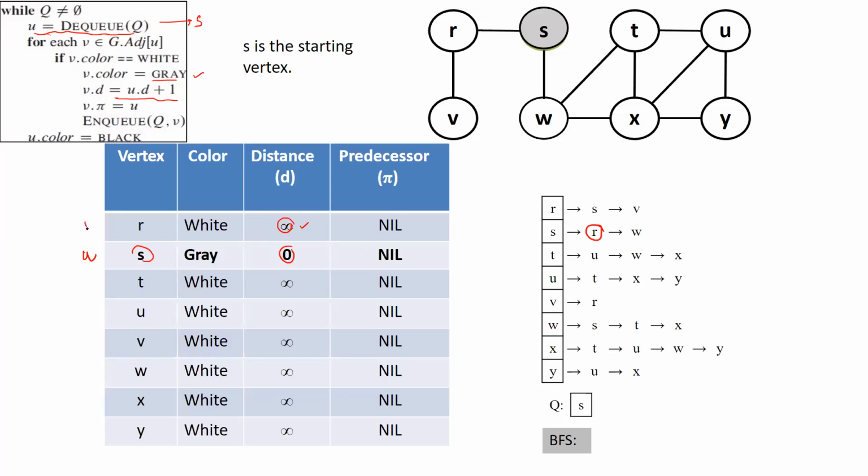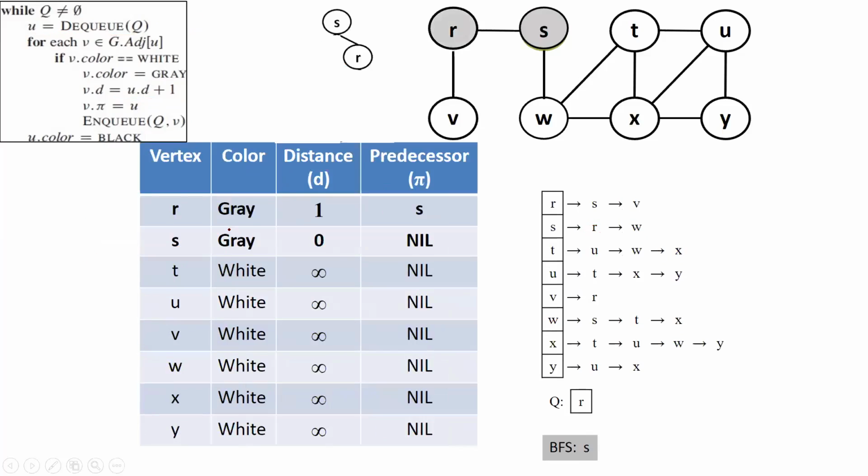This is U, this is V. So this color will become gray, and accordingly this value will be set, and the predecessor of R will become S. That is, the predecessor of this V, where U is S, will become U, that is equal to S. These are the steps to be followed for this BFS traversal.